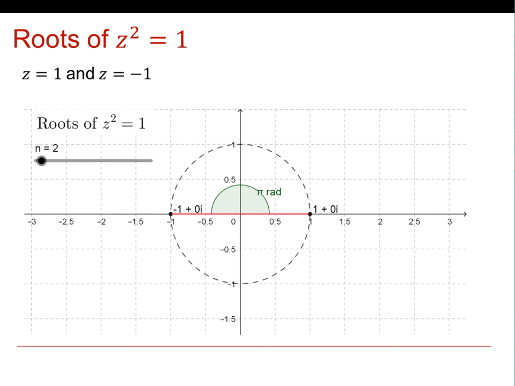For the equation z squared equals 1, you could write this as z squared minus 1 equals 0, and then factorise that to being z plus 1 times z minus 1 equal to 0, thus leading us to the two roots of 1 and minus 1, as shown here.